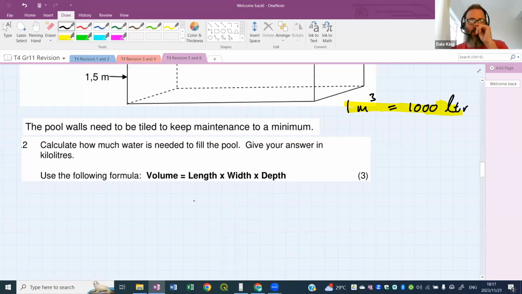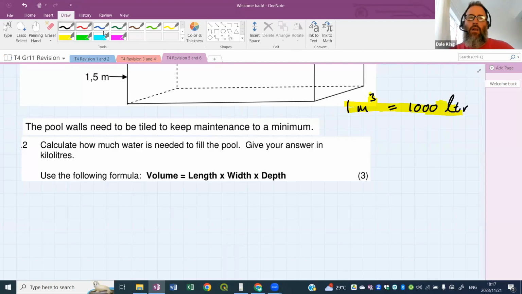All right, here we go. We need to work out the volume of the pool. And we need the volume in kiloliters. Now, I've given you this conversion here at the top, that 1 cubic meter is equal to 1,000 liters.